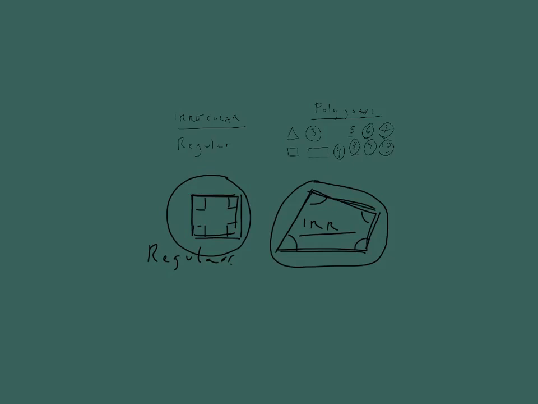So regular means they're the same length of the sides and the same angles, and irregular, different angles and different lengths. And that's it with polygons. And that's what's coming up this Saturday. And just practice, practice, practice.